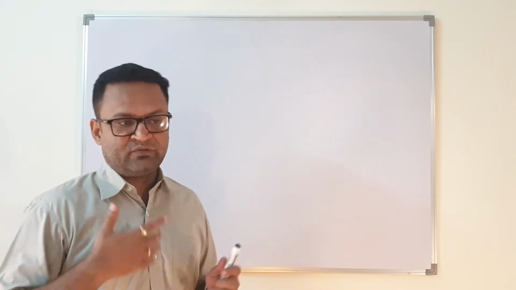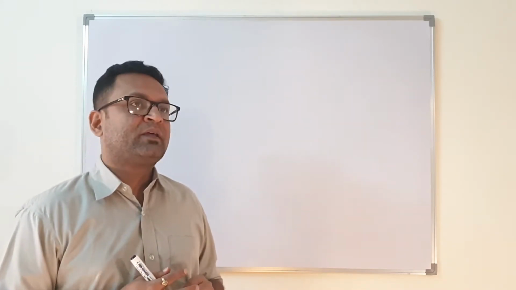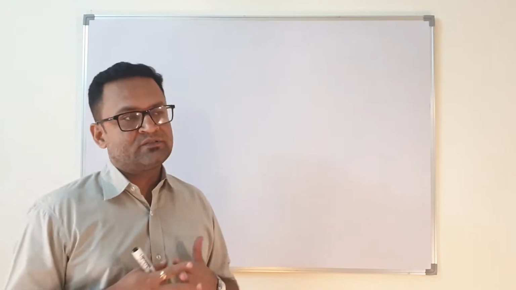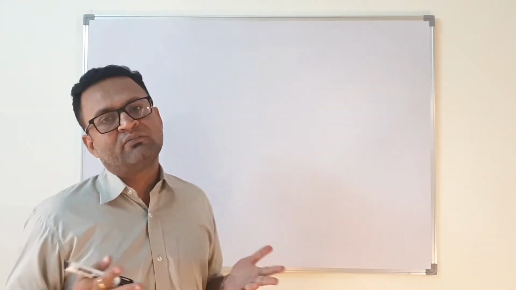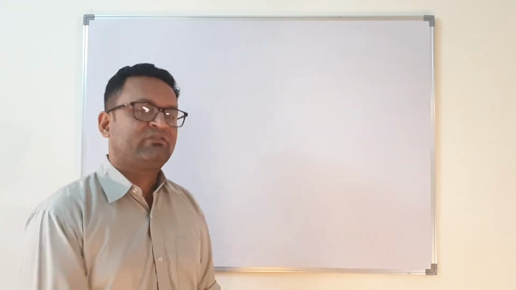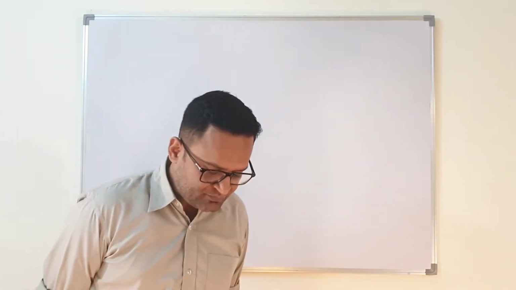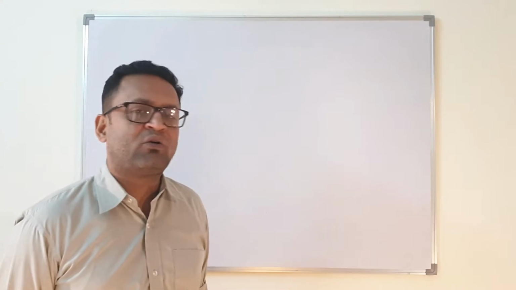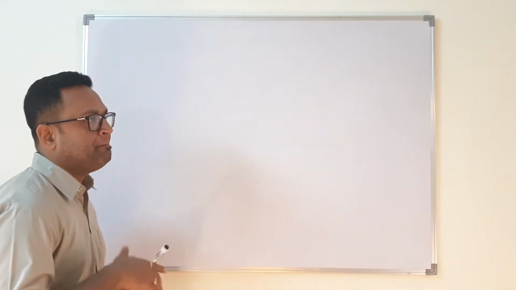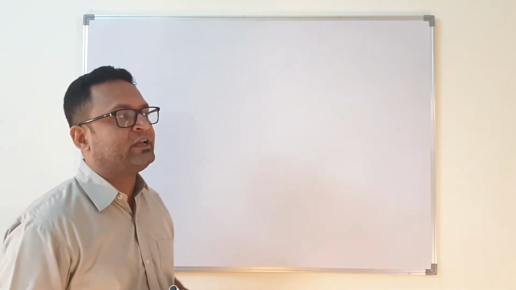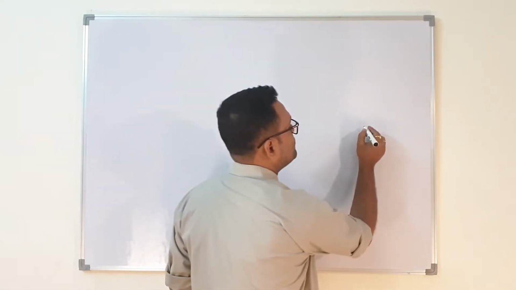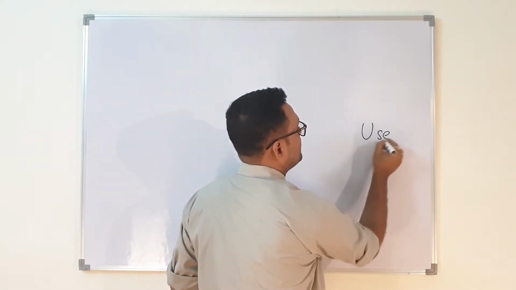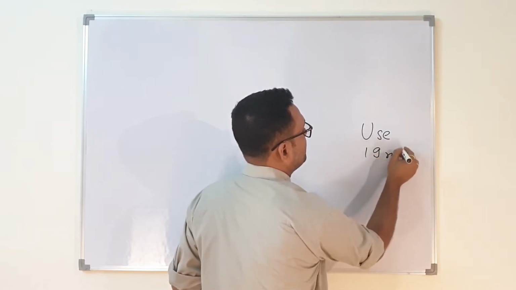Now, first thing before we start with the questions: most of the questions will be using both rules of replacement as well as rules of inference. A very popular way of putting it is that you use 19 rules to solve a question.